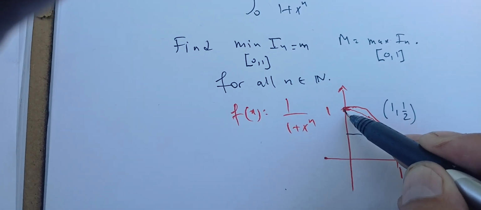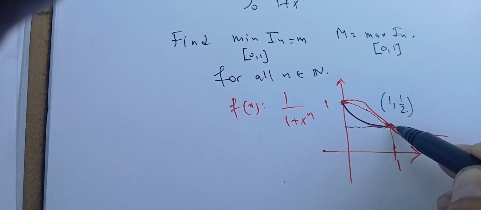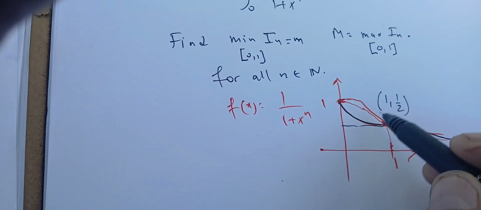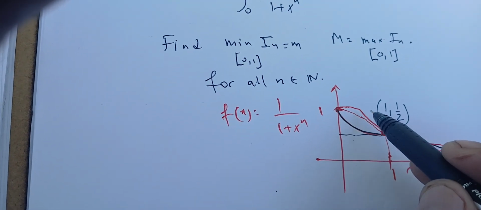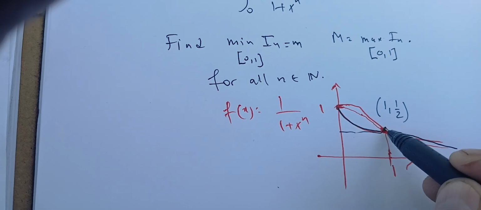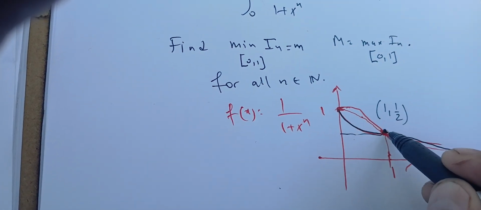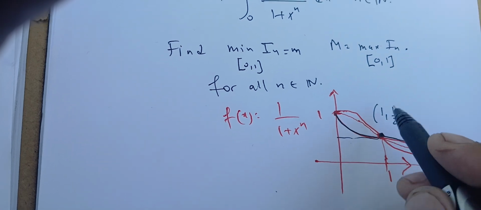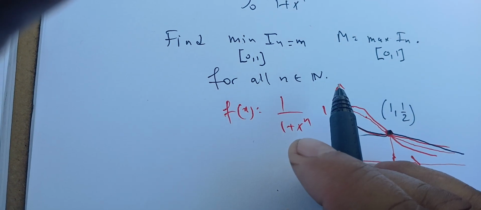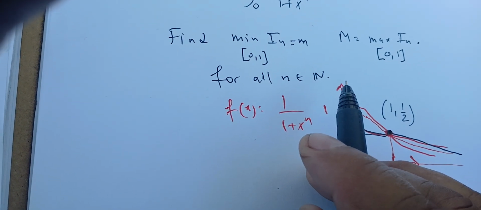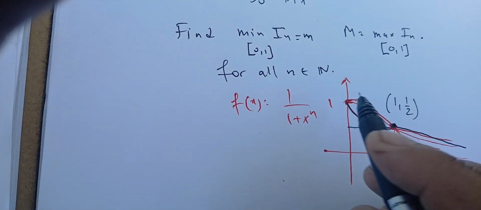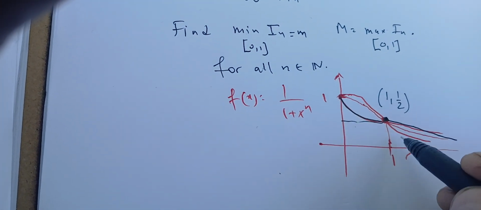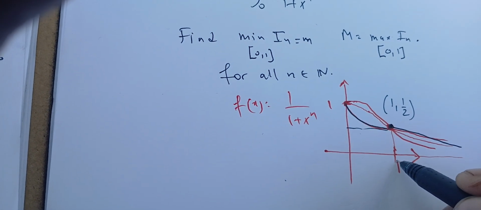If it's up, it becomes down, and if it's down, it becomes up. This is a point that's very important, and we're going to come back to it later. So all these curves have to go through this point, 1, 1/2.